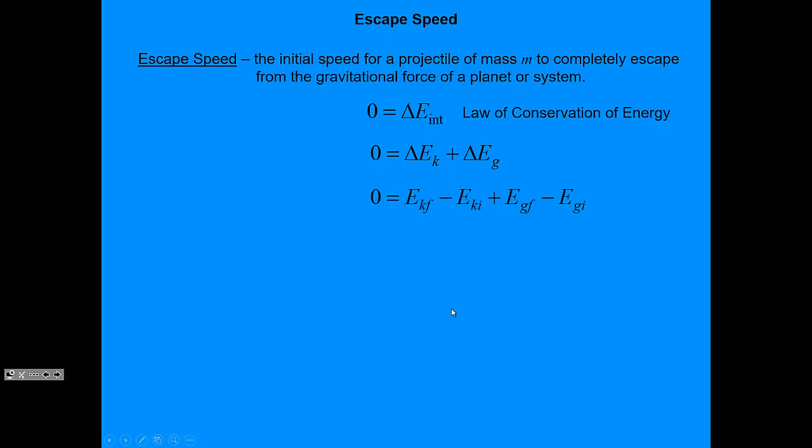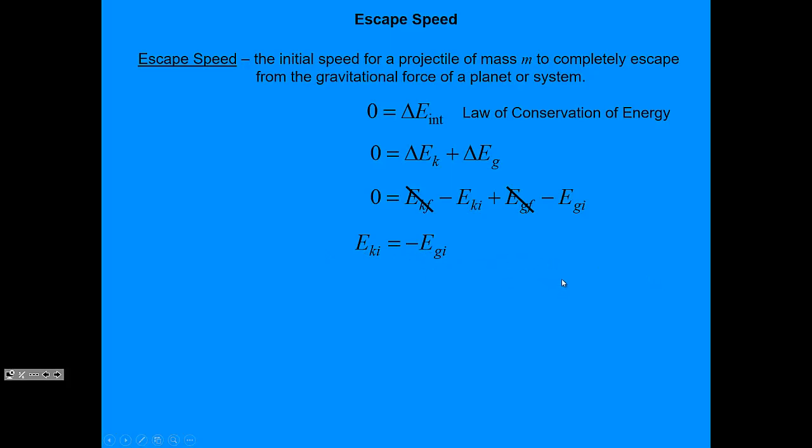Every change is final minus initial. And as we just discussed, if we're talking escape speed, this is the slowest speed it could have and still escape from the gravitational field, which means at infinity, EKF and EGF will be 0. And that means, in this case, your EKI has to be equal to the negative of your EGI.